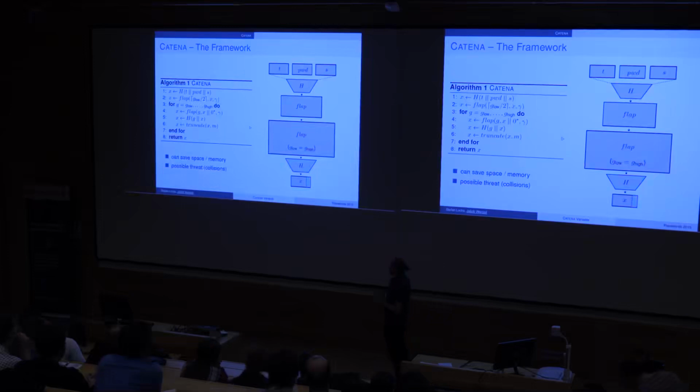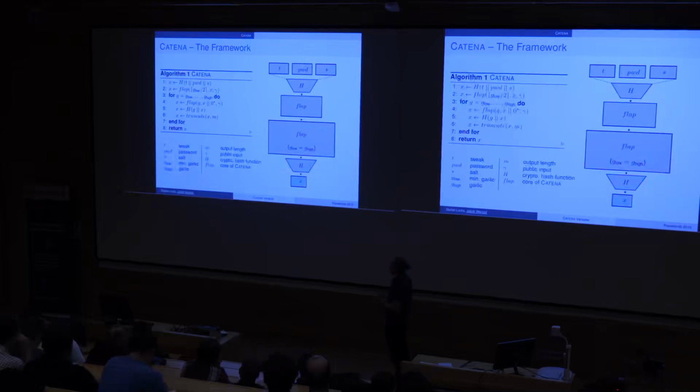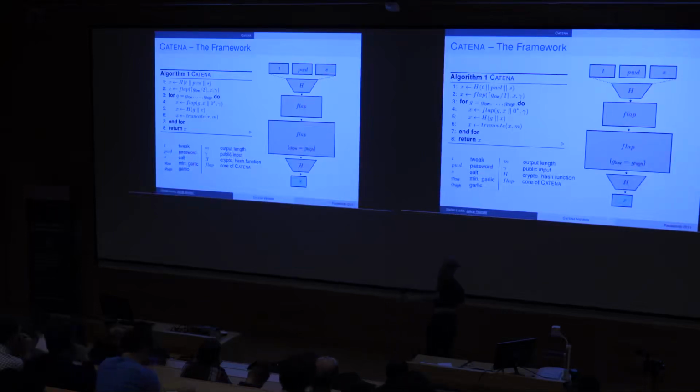Okay, and at the end we can have some truncation, but if you truncate to 32 bits or 16 bits, then of course it's not that secure anymore. So usually the output here is given with 512 bits. If you just want to store 128 bits or something like this, then it's still secure and it works, but too much truncation is not good, obviously.